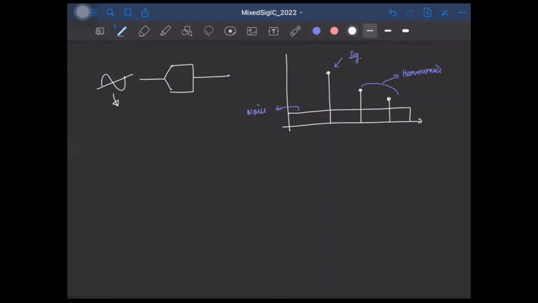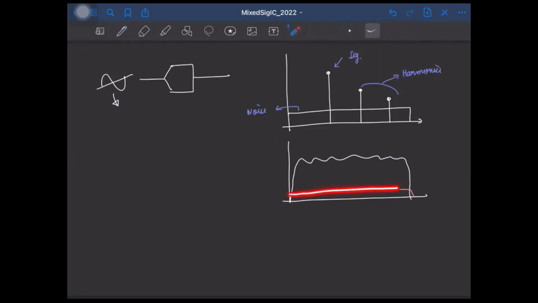But let us say instead of the sinusoidal signal, you feed the ADC a modulated signal, right? Which is something you will encounter in practice, something like this. So the signal spectrum will occupy the entire band, and you will not be able to distinguish what is signal and what is noise. So you can ask, well, what if I don't apply the signal at all? In that case, I'll get only the noise, right?